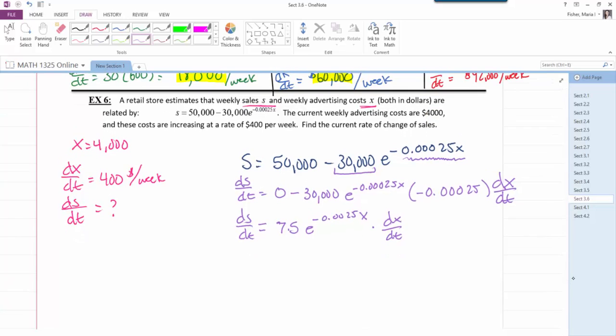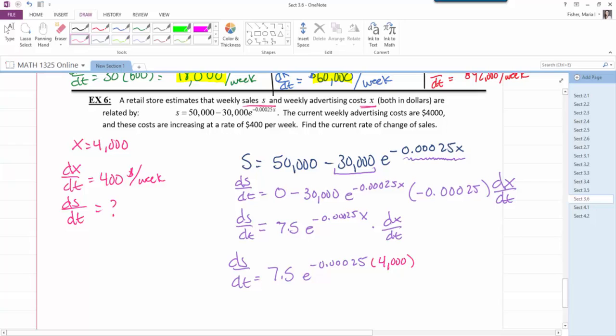Now just plug in the known information and solve for ds/dt. So we get 7.5 e to the negative 0.00025, and then here we said that x was equal to 4,000, times dx/dt, which we know is 400.